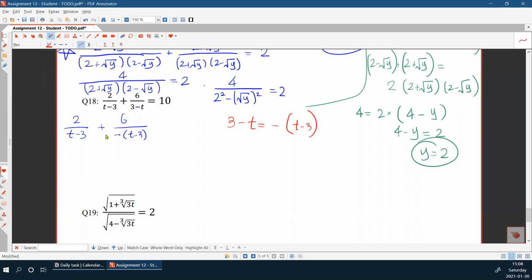And then we can put the minus sign in front. Okay, this is actually 2 over t minus 3 minus 6 over t minus 3, which gives us 10.